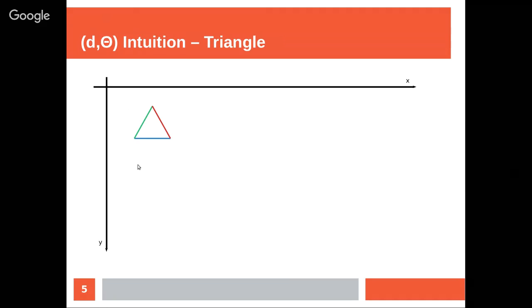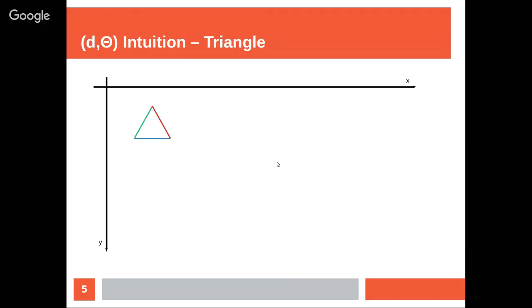I promised you I would talk about shapes. So first, I wanted to go through a little exercise, a set of a few slides, asking: if we look at the parameterization of the three lines that make up a triangle using this d theta notation, what do those look like?